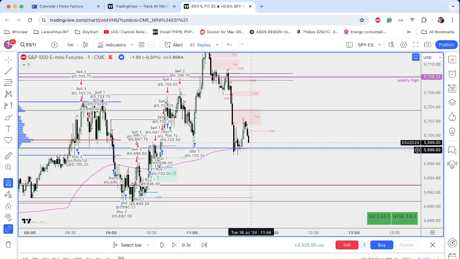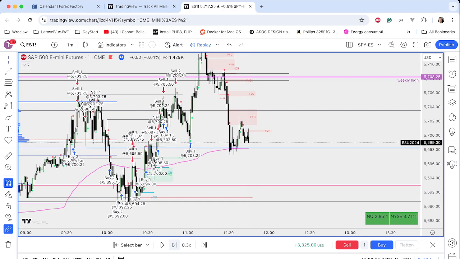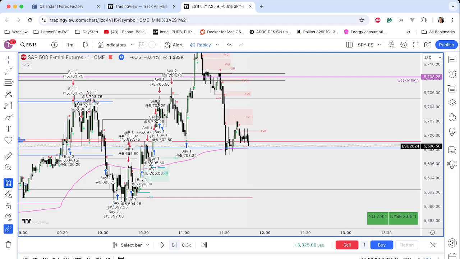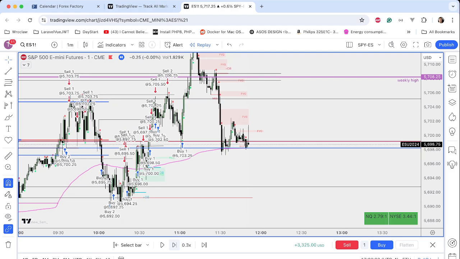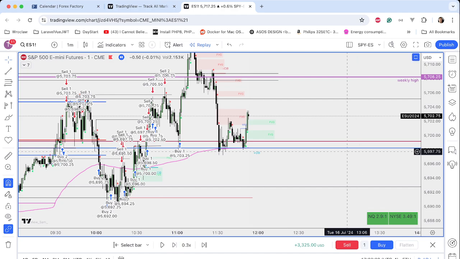Now they took shorts from this area. Let's see if we drop lower. Holding, and now pushed a second time.